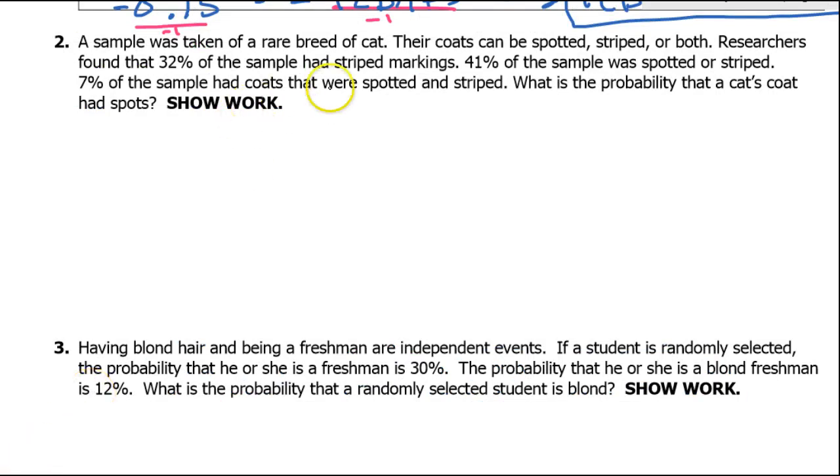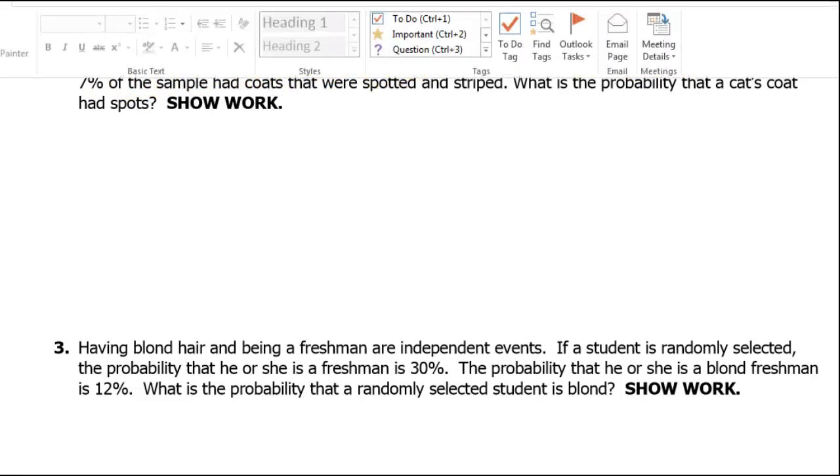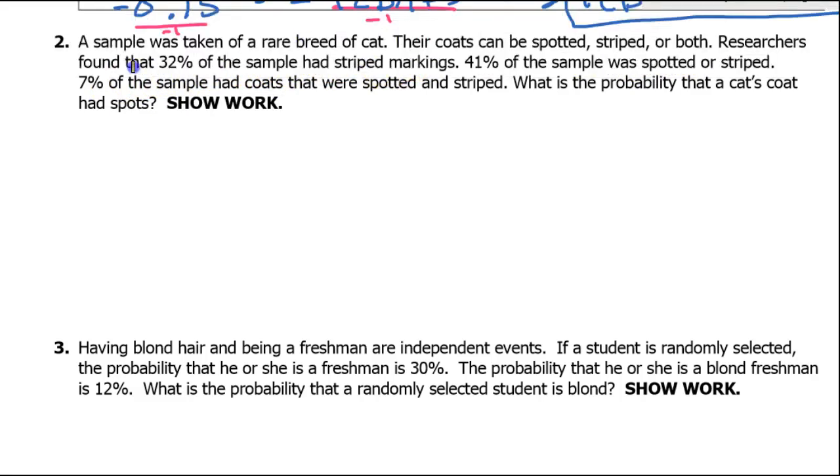Problem number 2. A sample was taken of a rare breed of cat. Their coats can be spotted, striped, or both. Researchers found that 32% of the sample had striped markings. Okay, so there is an event right there. 32% had striped markings. 41% was spotted or striped.